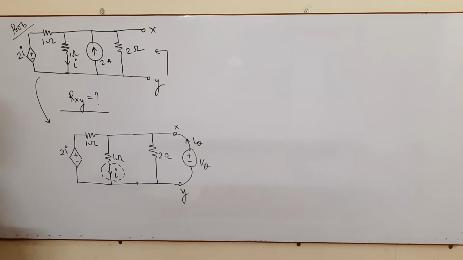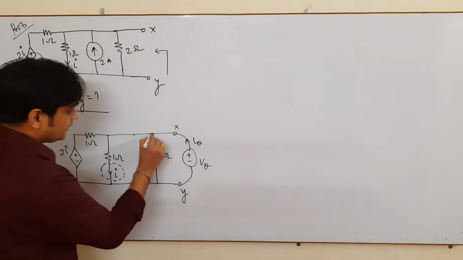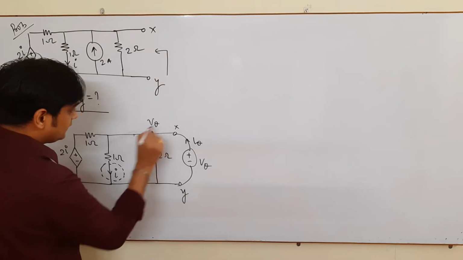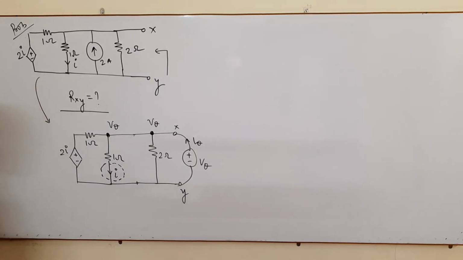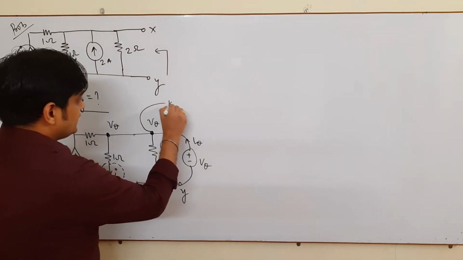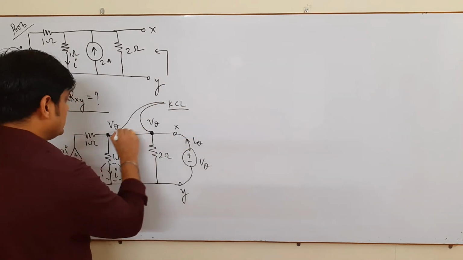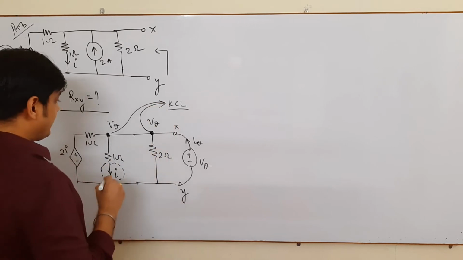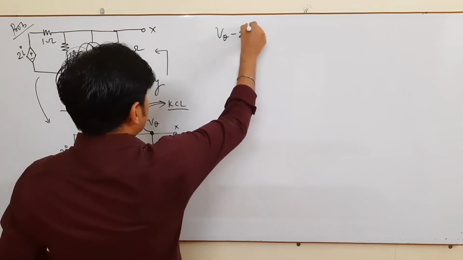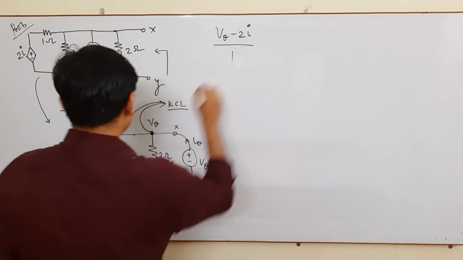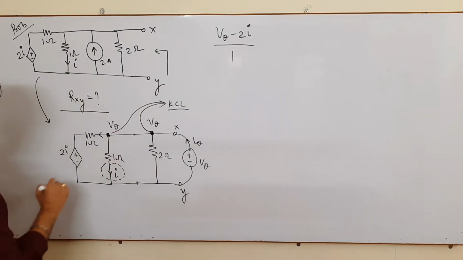Now you have to find the value of V theta by I theta. I can say this is V theta, I can say this is also V theta. Yes, I can say. So can I apply the law of KCL at these nodes? Yes. So if I apply, please see, the equation comes to be V theta minus 2I divided by 1 ohm, the current which is flowing here.